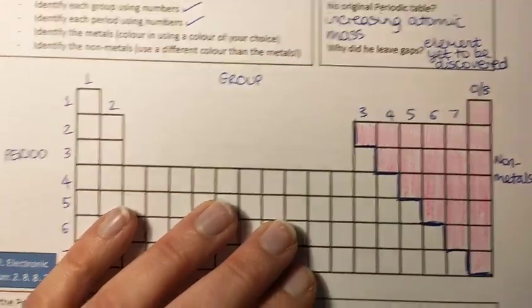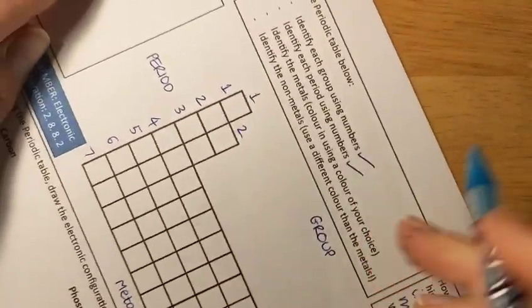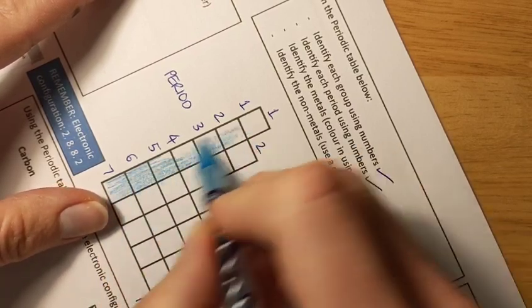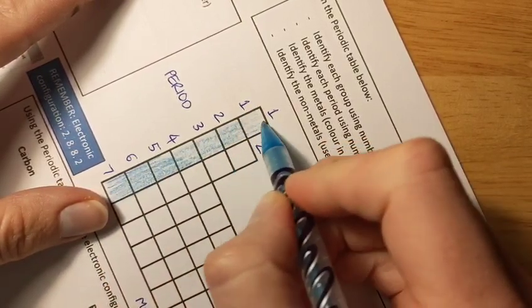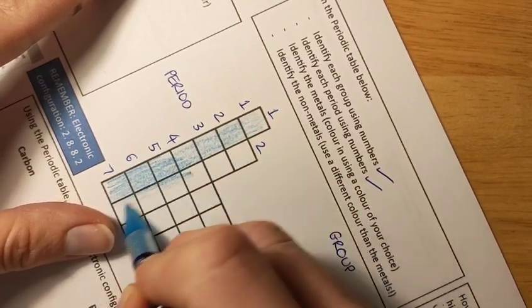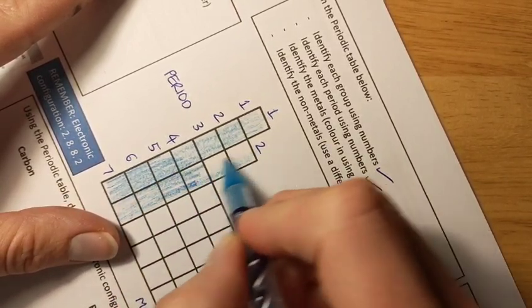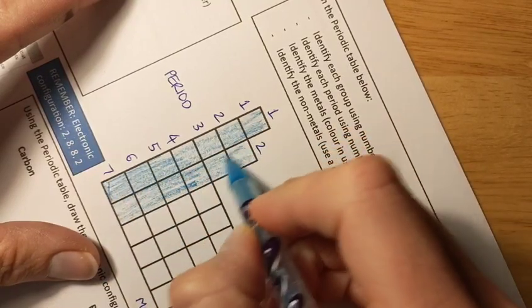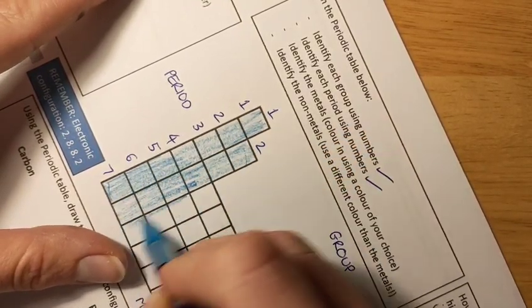So these are all non-metals, and on this side, these are all metals. I'm going to turn it sideways to colour in, that might be easier. I've got a squeaky pencil. It's been quite a while since I've done colouring in. So everything found on this side of the periodic table, the left-hand side, are metals.